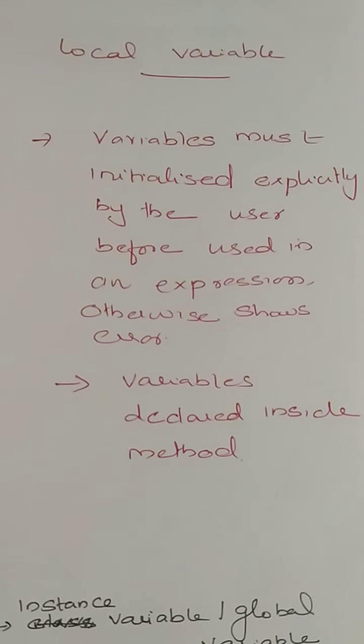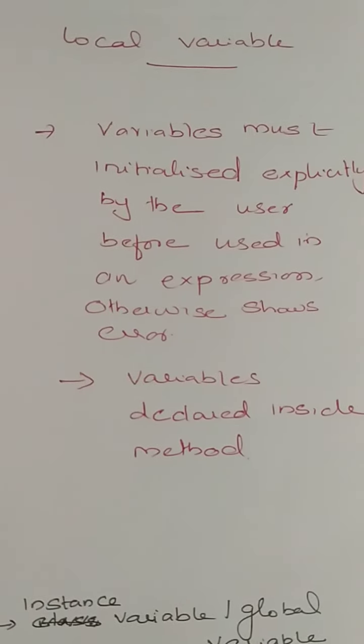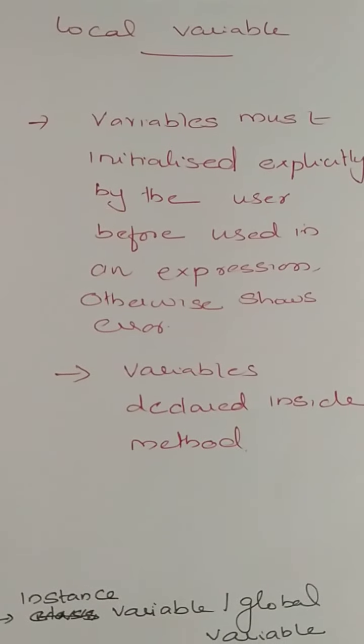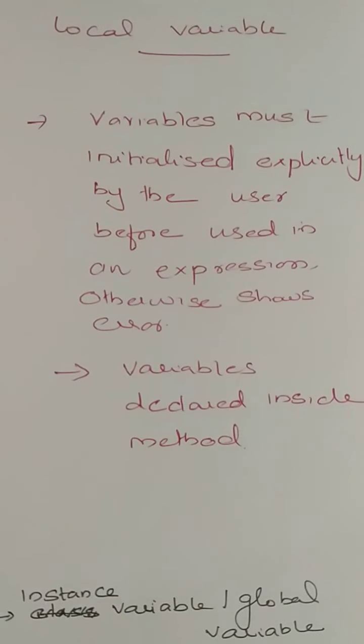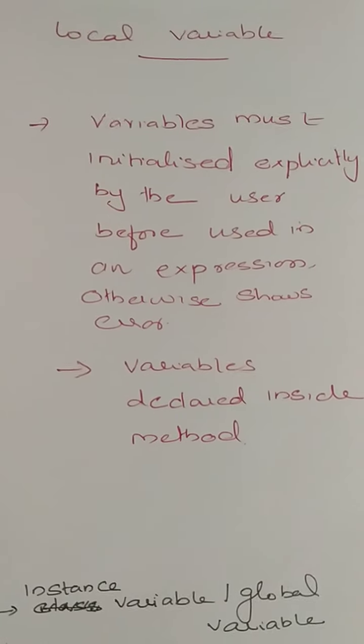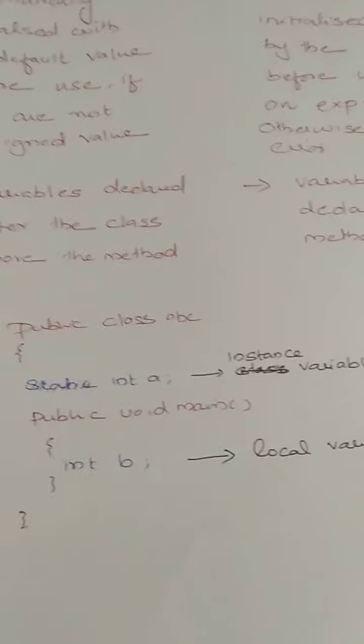If we do not assign a value to a local variable before using it, it will show an error. So the user must assign a value to the local variable before using it in an expression, otherwise it will show an error.